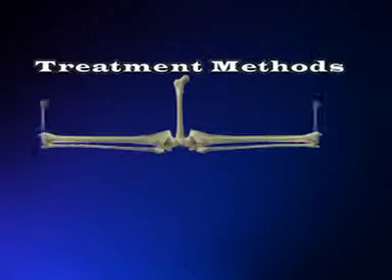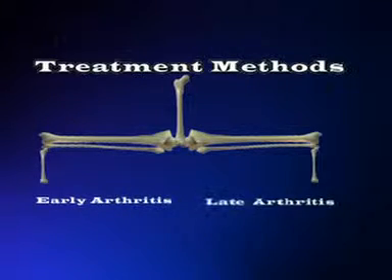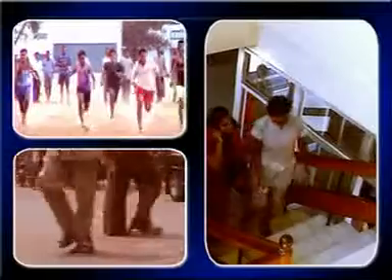The treatment methods can be broadly divided into two groups, for early arthritis and late arthritis. First, let us talk about osteoarthritis at an early stage. Early osteoarthritis causes pain on activity like running, walking long distances, or climbing stairs.